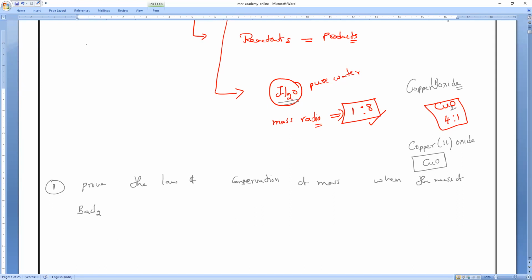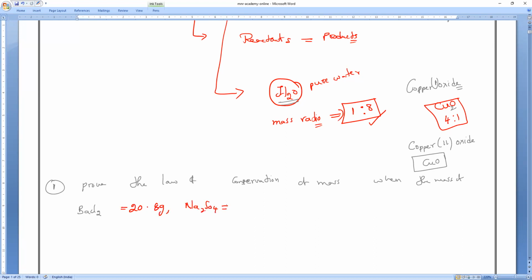Can you tell me what BaCl2 is? Yesterday's class, barium chloride. Everybody has to learn that. Barium chloride is 20.8 grams.